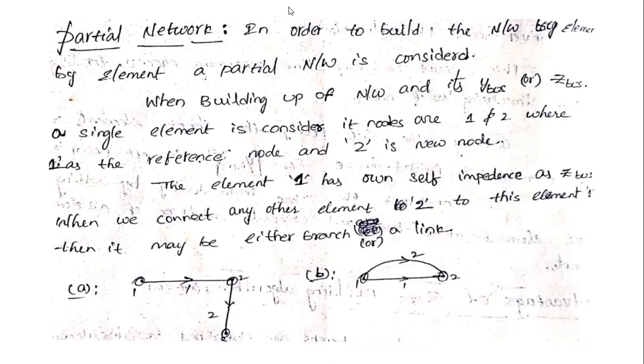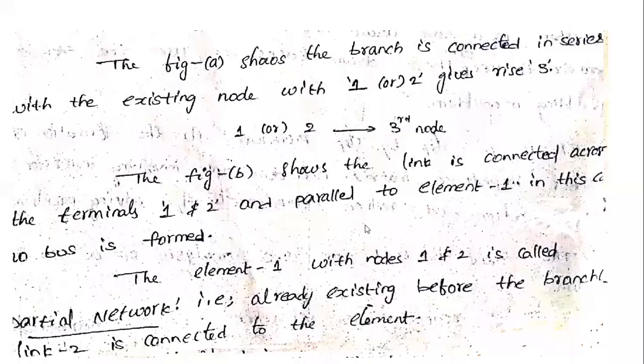Why? Because if we take that second element as a branch too, the network is in closed loop form, and we do not create any trees and co-trees. That's why we consider it as the link. The element added in between the reference node and the old node is called the link. That is the hint for finding the link in the network.